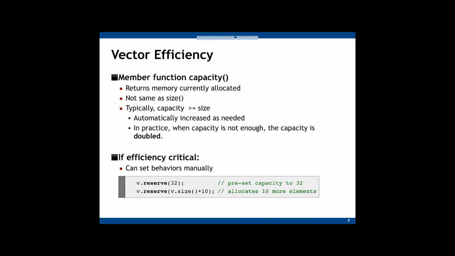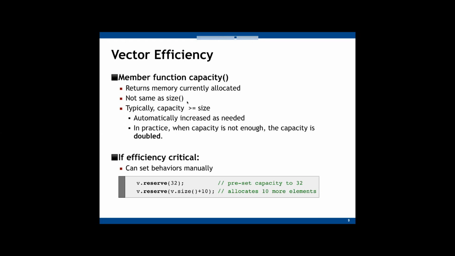The vector class has a member function named capacity. Do not confuse the capacity of a vector with the size of the vector. In the previous slide, we saw that we can get the size of the vector using the size member function. The size and the capacity of a vector are not the same thing.